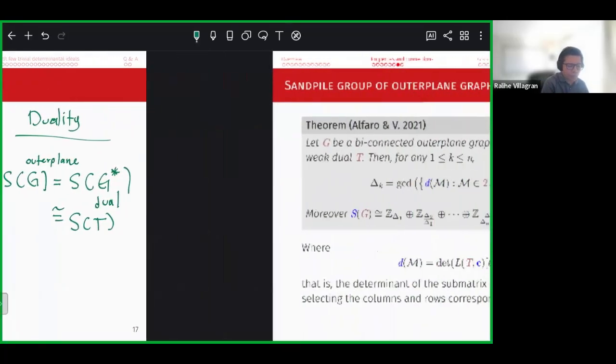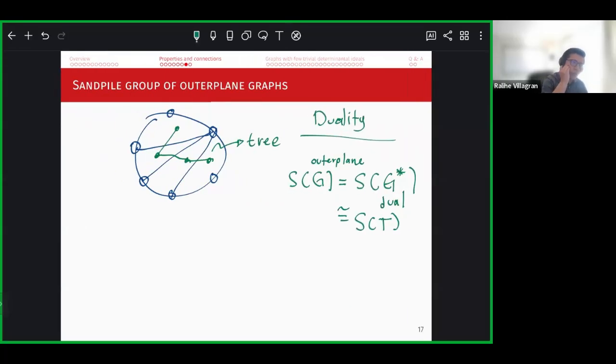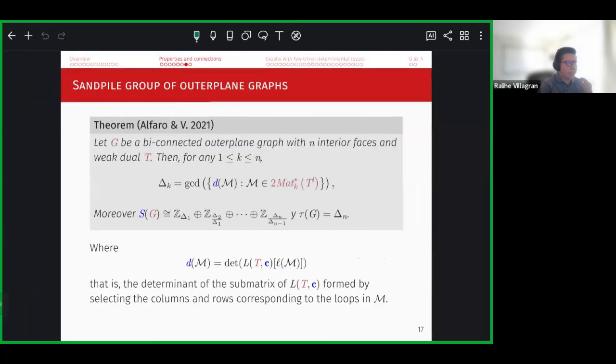So what we do is that by a known result of Valencia and Corrales, where they characterize the critical ideals for trees, we can find the characterization for the sandpile group of trees. So I won't say much about this, but the point is that it's very combinatorial. You take the tree corresponding to the dual, erasing the outer face, and then think about that tree with loops.